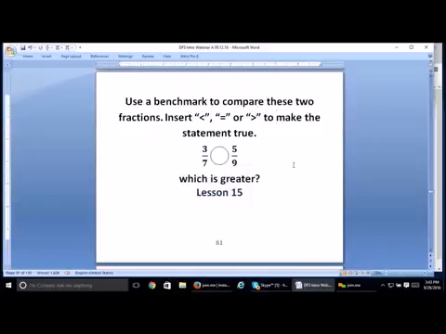So now we're working with the benchmark of a half. So this is a little more difficult. But certainly not impossible and certainly within their ability to do. So I'll give you a few seconds, please. Less than, equal, or greater.